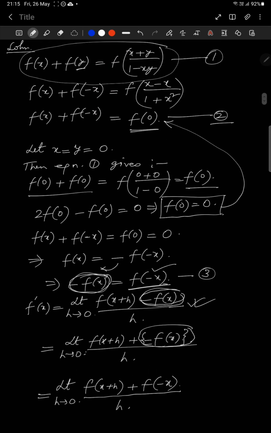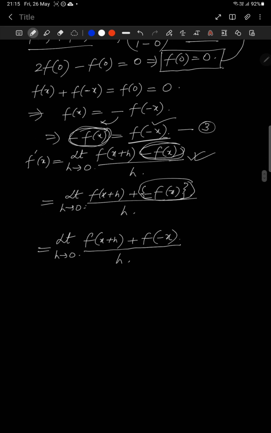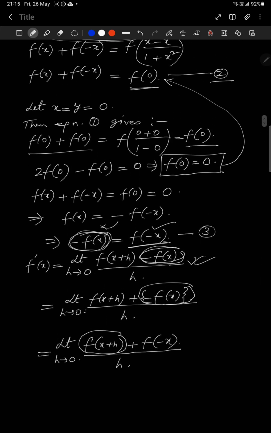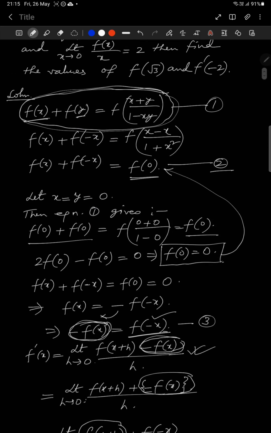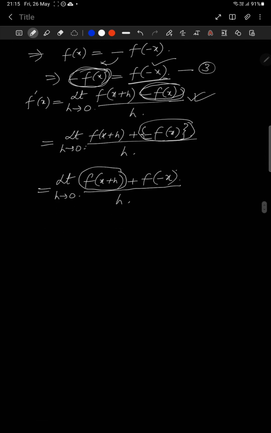Now focus on the original equation, I am talking about this one, and imagine in place of f(x) you have f(x + h), and in place of f(y) you have f(-x).